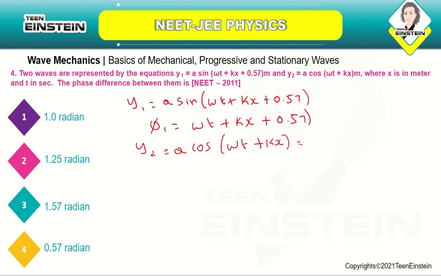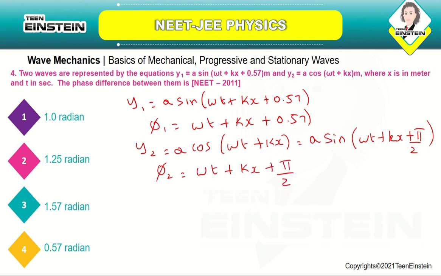So you can change it into sine by writing this as a sine omega t plus kx plus pi by 2. Okay, so I can change it to sine. Now phi 2 is equal to omega t plus kx plus pi by 2.